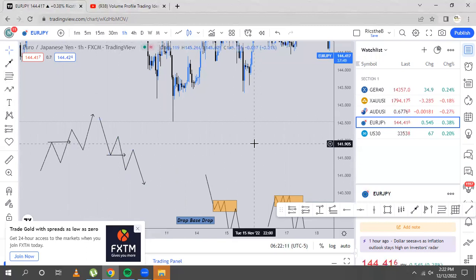So the other thing that I would really want you guys to note is that we always say the push from which structure was broken tends to create the highest probable supply and demand levels.